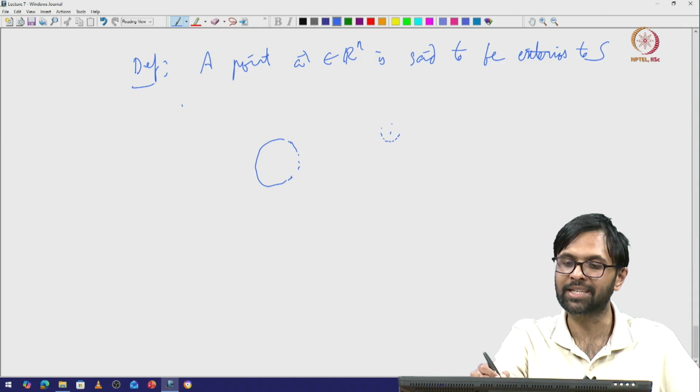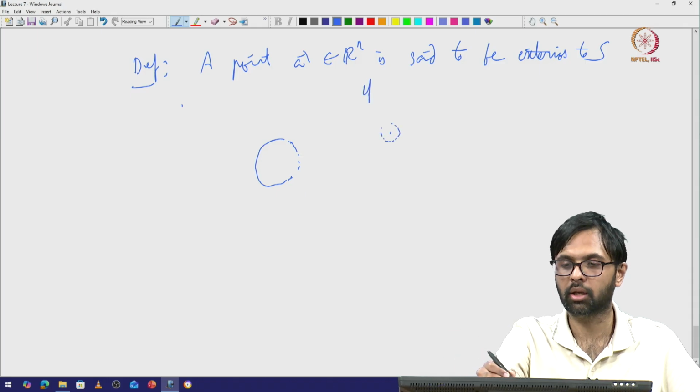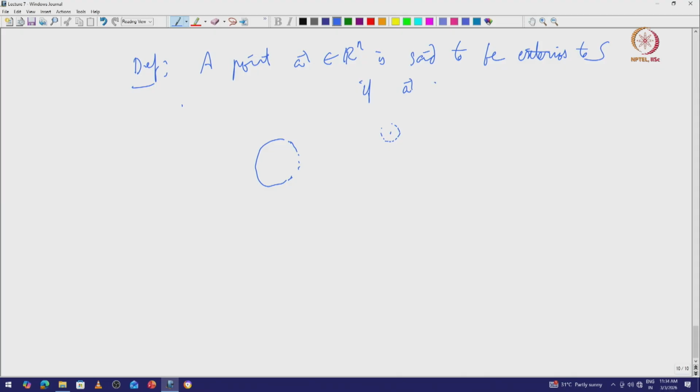So that means it's interior to the complement. A is in the complement of S and is an interior point of the complement. What that means is simply if A lies outside S and a small ball around A also lies outside S.